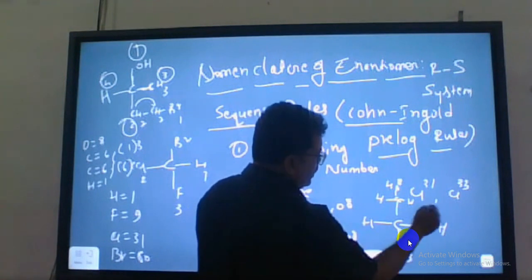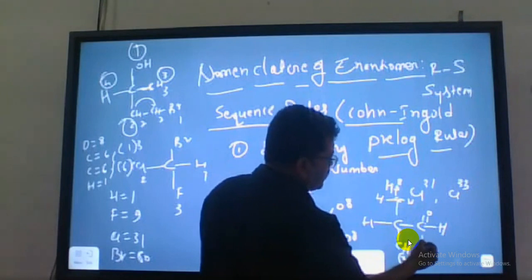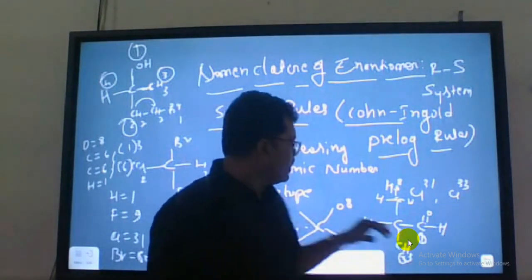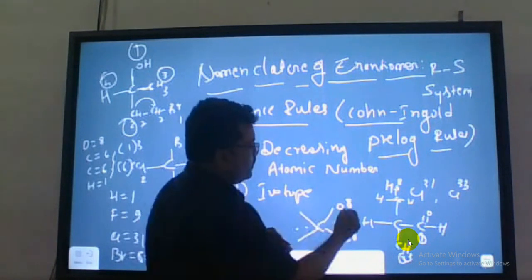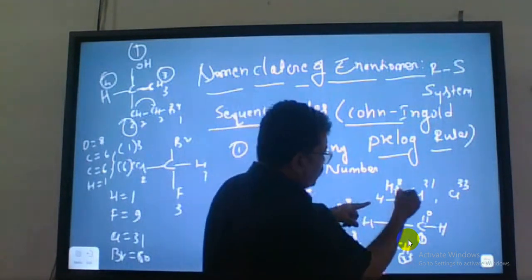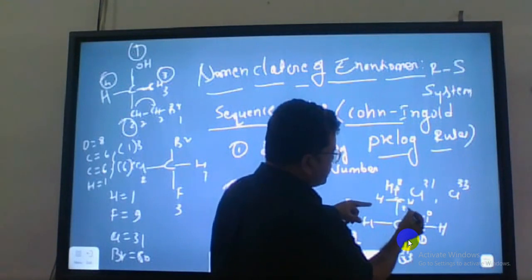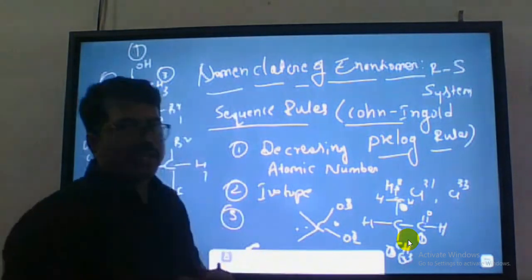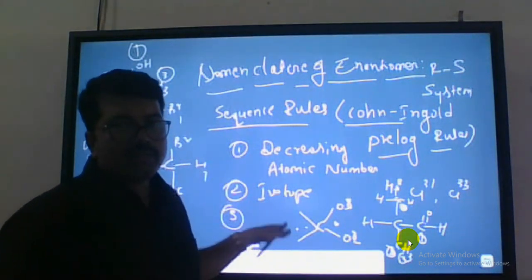So instead of only single oxygen, double bond oxygen acquires position 1, because it is equal to 2 oxygens. Only single carbon atom next has only 1 OH. Is only 1. This 2. Next 3. So this is the second case. Third case.